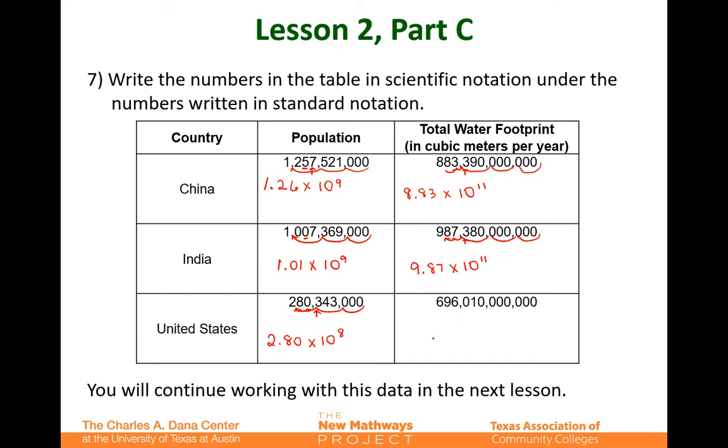And then for the United States, it's going to be 6.96, 3, 6, 9, 10, 11. Notice when we look at the size, the amount of water we use is not that much different than China and India, but our population is significantly smaller. You can see we only have 10 to the 8th. These are on the order of 10 to the 9th.